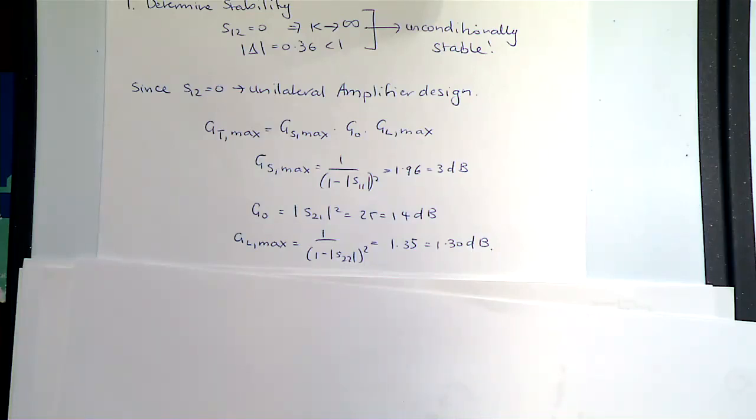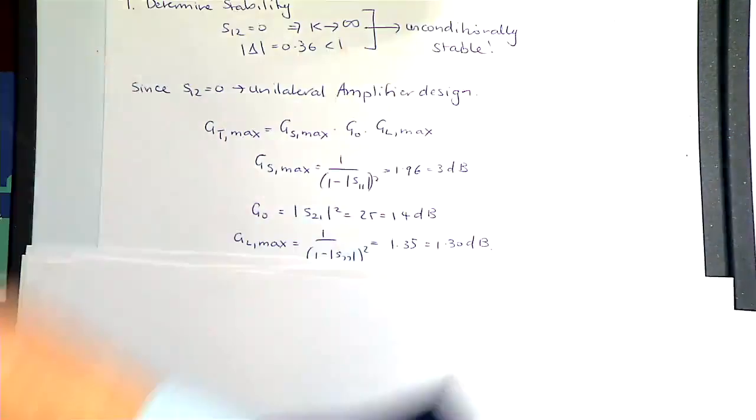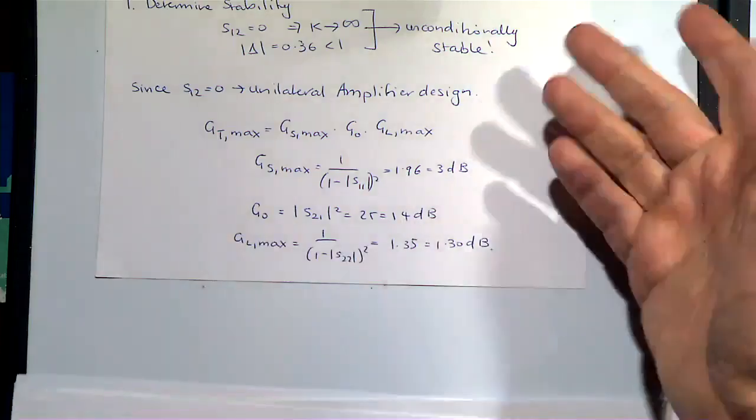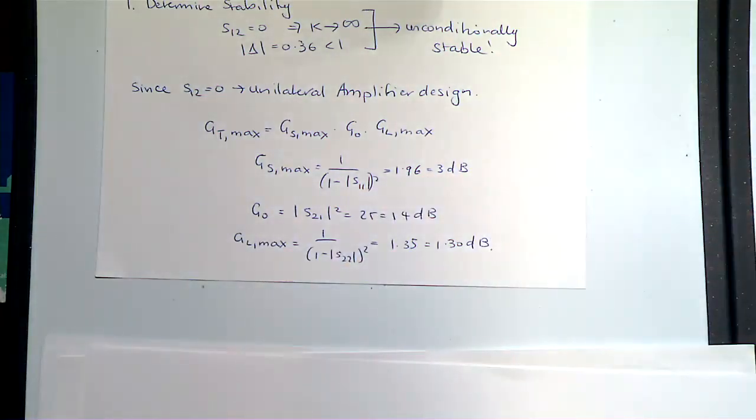Yes, exactly right. If I had said to you, I want a power gain of 18 dB, well, the sum of these cannot exceed 18, so you'd say to me, Stan, it's impossible.